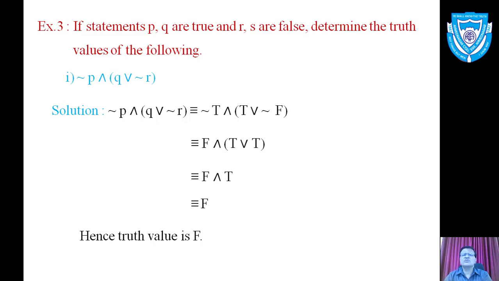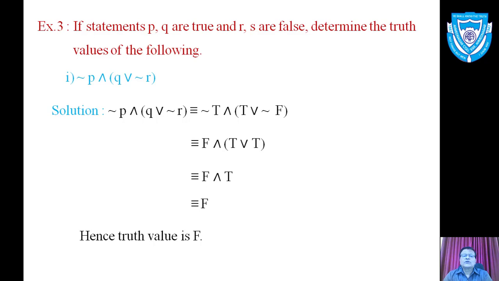Some compound statements are given, and the prime components, the atomic or simple statements used, are P, Q, R and S. It is given that P and Q are true, and R and S are false. We have to determine the truth values of the following statements. The first one is negation P and Q or negation R.